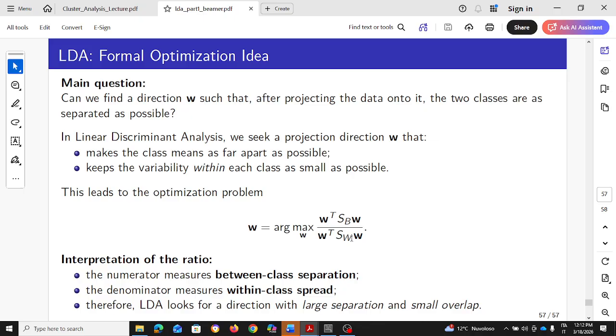Within cluster variations. If this is small, the cluster is compact. So we want this value in the numerator to be large, and this value in the denominator should be small. Then we can have a clear line of discrimination between the two classes.